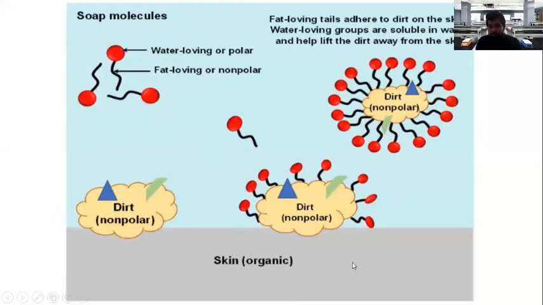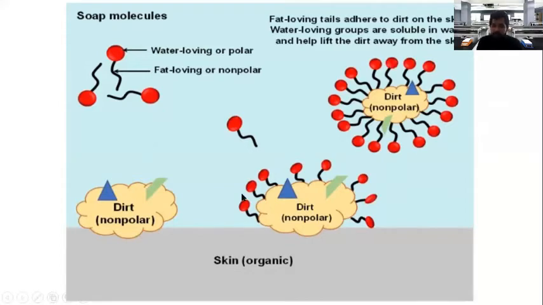So here's the skin and this dot is dirt. These dirt substances can have virus. So when removing the dirt substances, virus can be removed from our skin, as the soap can form micelles with the single virus cells.